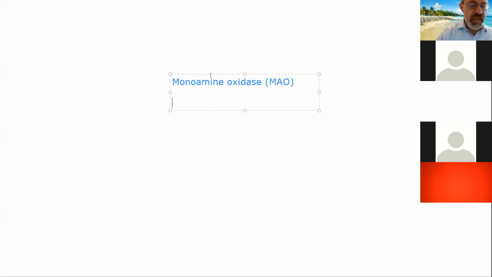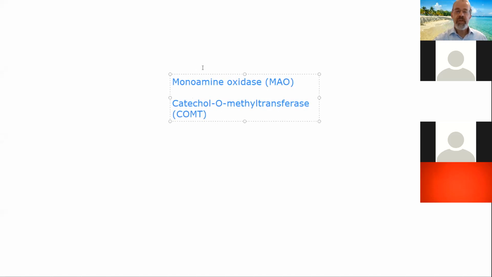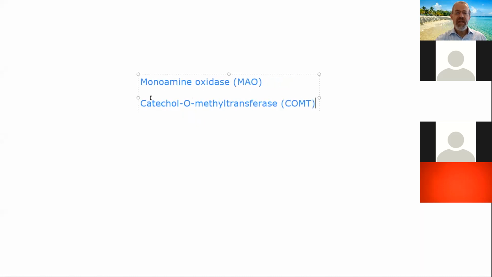And COMT, it's a long one, catechol O-methyltransferase, COMT. There you go. All right, so those are the two different enzymes that can inactivate and aid with recycling of the biogenic amines.